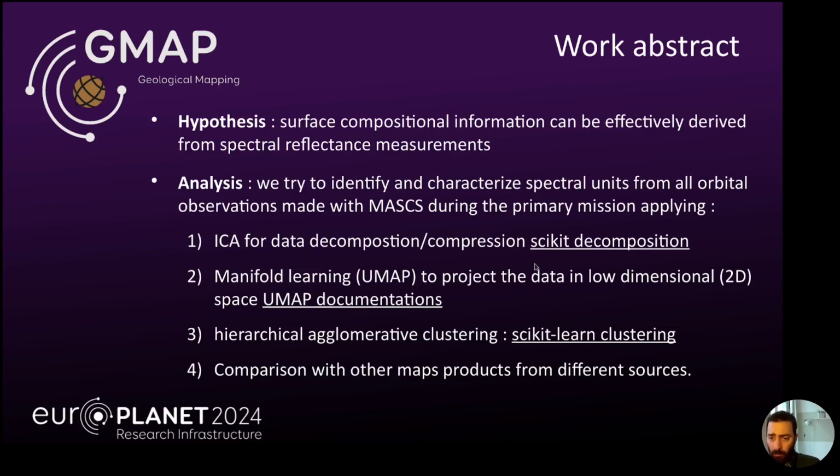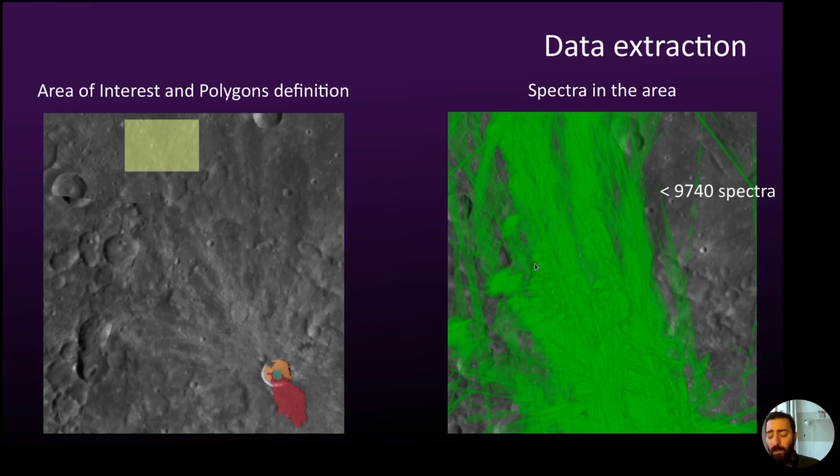We're actually going to produce a map using the UMAP algorithm, and we're going to apply on those two components an unsupervised clustering technique called hierarchical agglomerative clustering. And we're going to compare those results with output from different sources. So this is the first step.